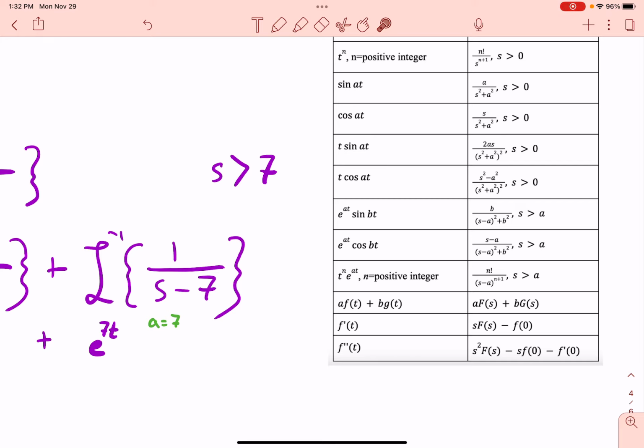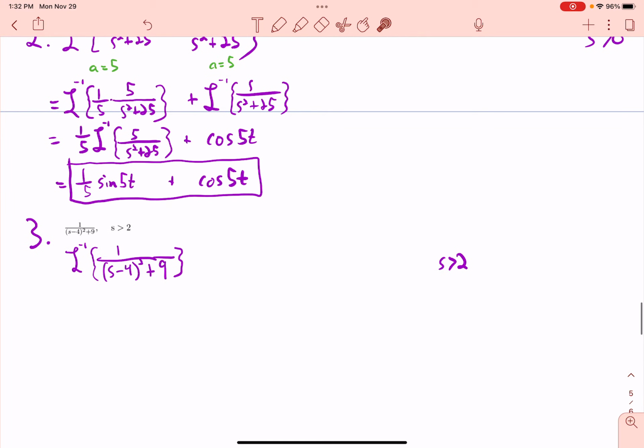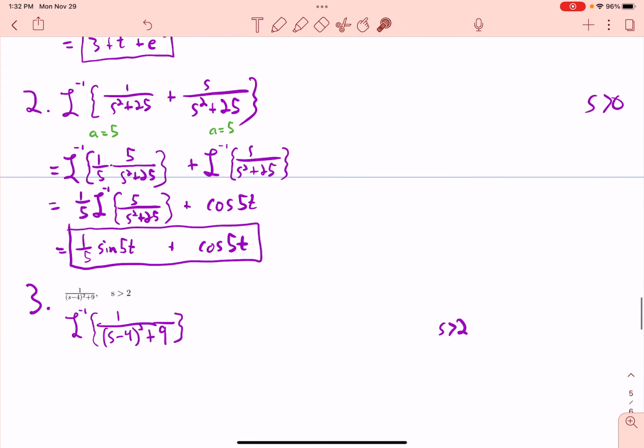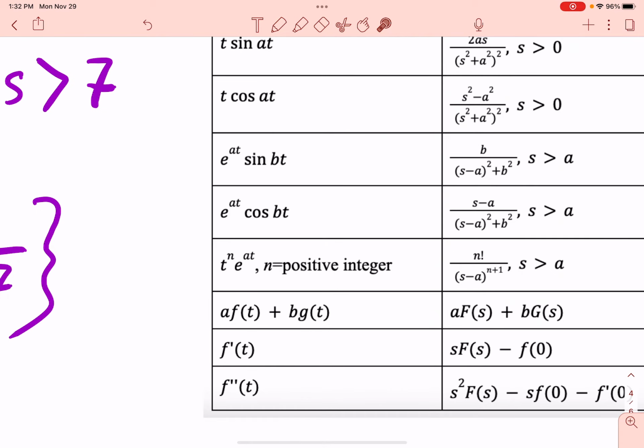So what I'm going to do is focus on using this one. And we're going to try to determine what is the a and what is the b. We'll come back over and look at that in more detail if we need to. This is 1 over (s minus 4) squared, and the formula says it's b over (s minus a) squared.